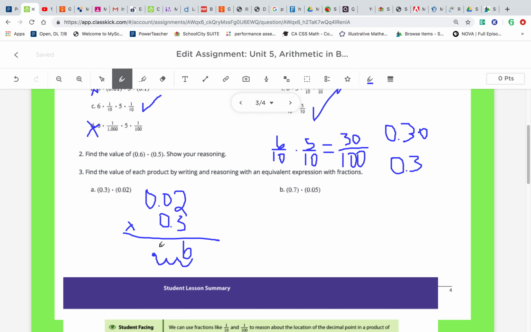In those blank spots, we need zeros. Then to the left of the decimal point, I'm going to put another 0 so we're clear that it's less than 1. So 0.006 would be what you get here. You could pronounce this as 6 thousandths.